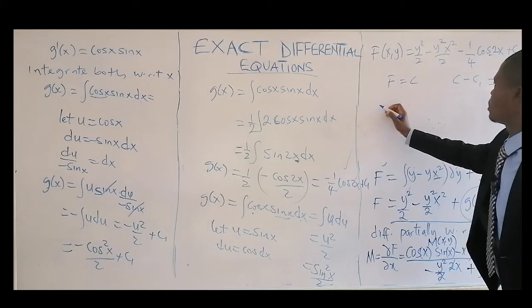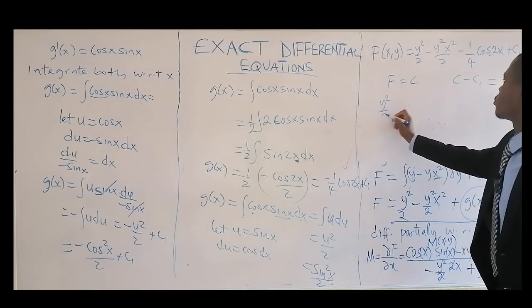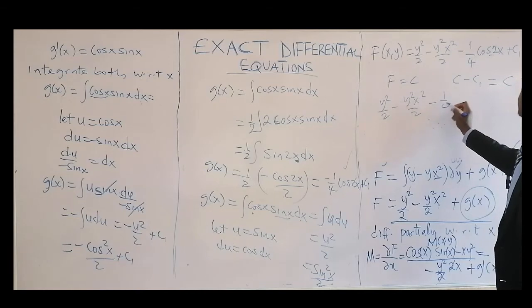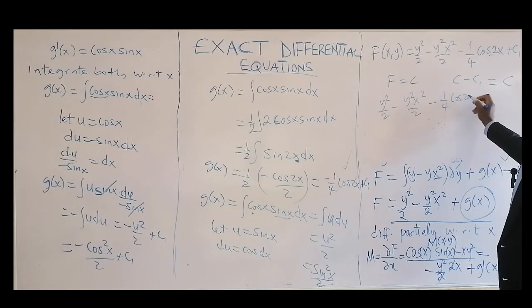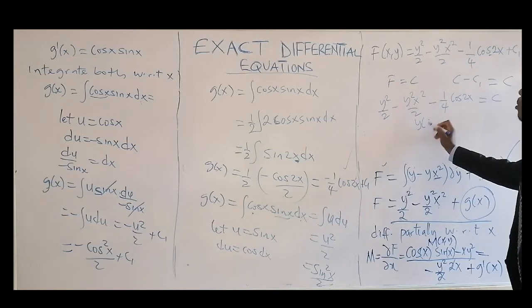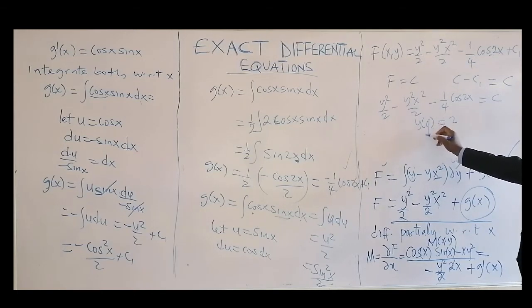So the solution is now y squared over 2 minus minus 1 over 4 cos 2x, equal to c. Then we have the boundary condition: when x is equal to 0, y is 2.